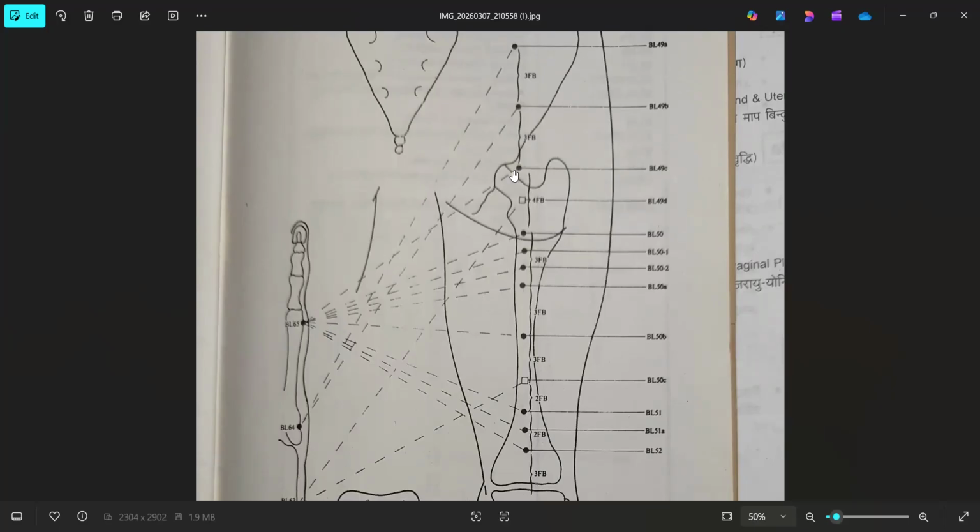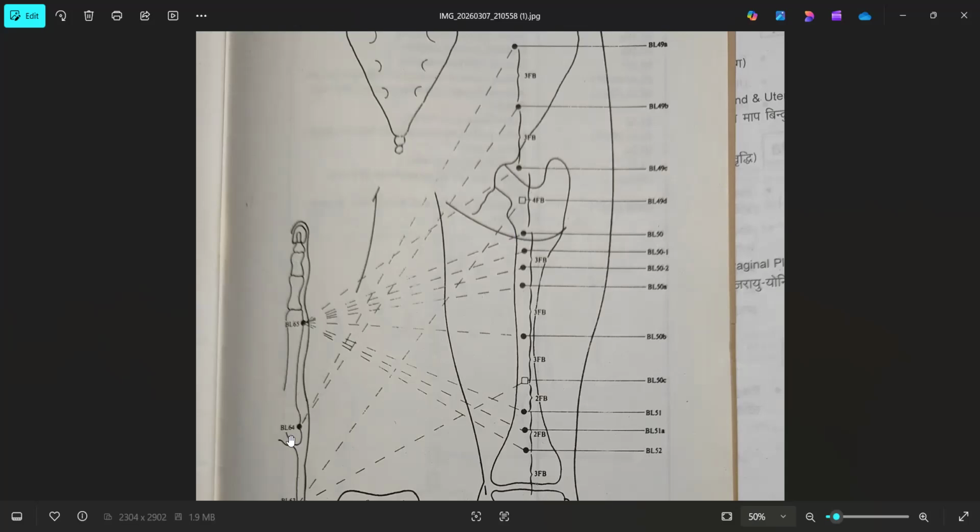And this is connected to all these points which I have mentioned: 52, 51A, 50, 50C, 50B, 50A, 52, 51. So if you take care of this point, all male and female genital problems are touched.